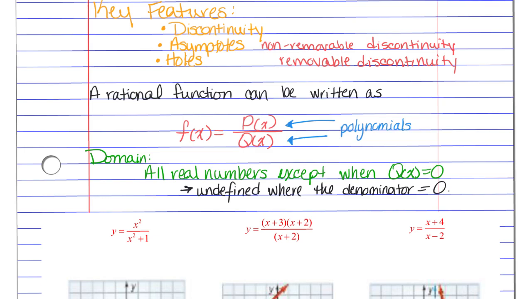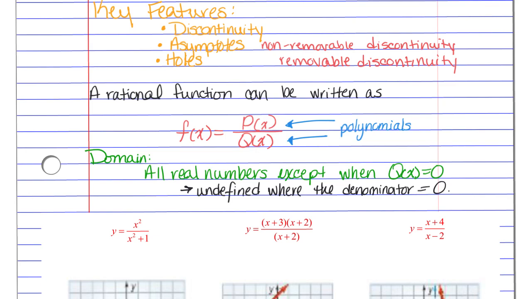So a rational function can simply be written as f of x is equal to p of x over q of x. If we look at this as two separate polynomials, that's all that creates a rational: you have one polynomial divided by a second polynomial. Independently, they have their own purpose.